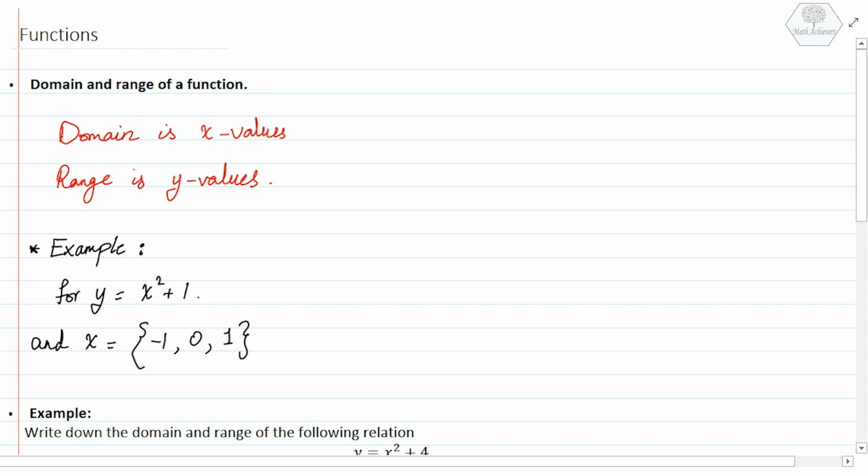What is the range? Simply to find out the range, I need to substitute each value of the domain.